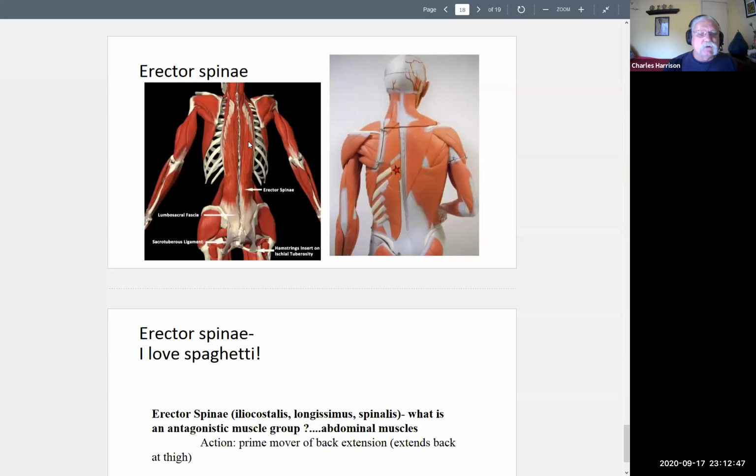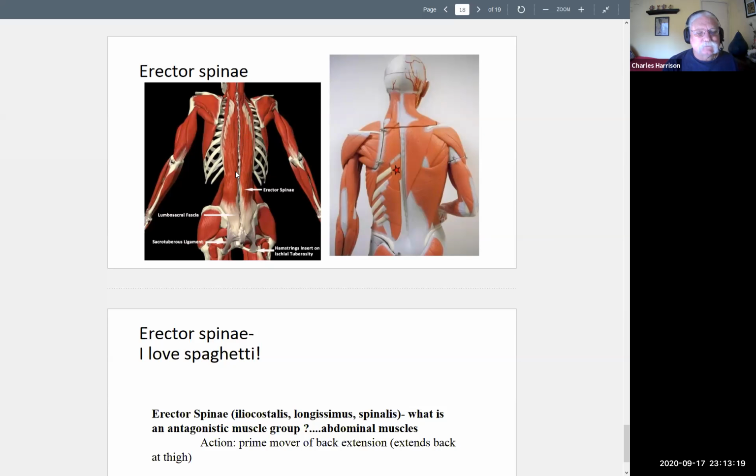In other words, if you are standing upright, lean over backwards a little bit, if you can without falling, that's the erector spinae. If you're lying flat on the ground, prone, head down, and you raise your head and your chest up a little bit, it's the erector spinae that's doing that. If you're doing many different types of strokes in swimming, the erector spinae is very important.